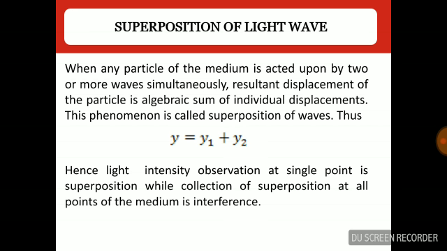In the superposition of light waves, the resultant displacement is given by y equal to y1 plus y2, where y1 and y2 are the instantaneous displacements of the two waves.